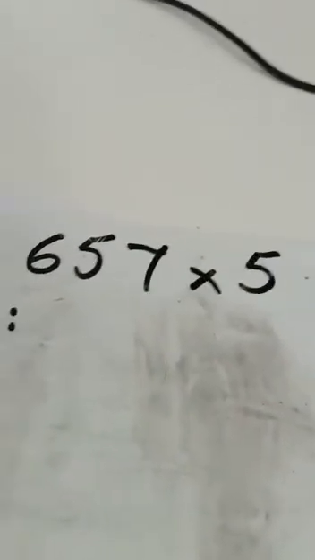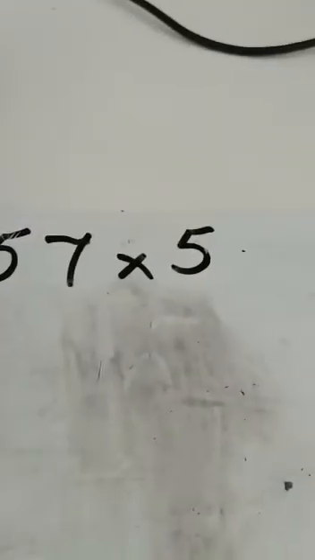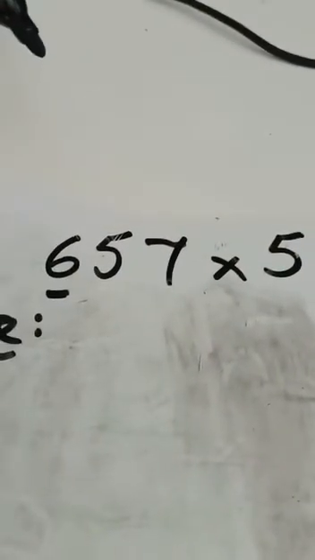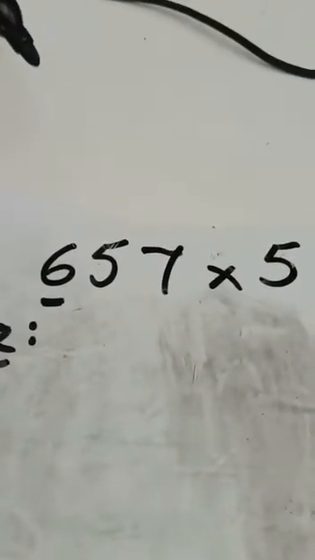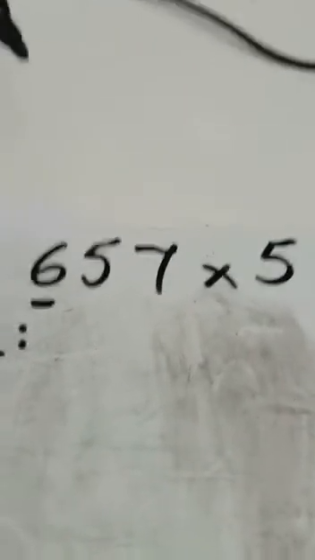So if we look at this example, 657 times 5, we can work out an estimation just using our head. If we look at the 600 number, that tells us, are we going to round the number down to 600, or round it up to 700?